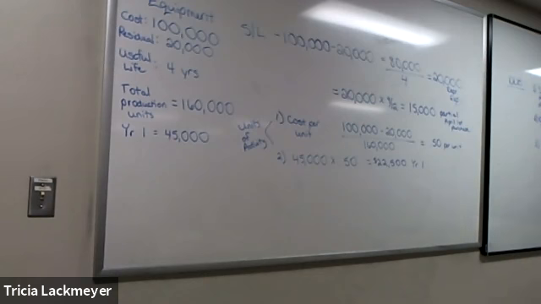In year one, our book value is our cost, right? We haven't depreciated it at all. So in year one, it's going to be 100,000 times 50%, or 50,000.